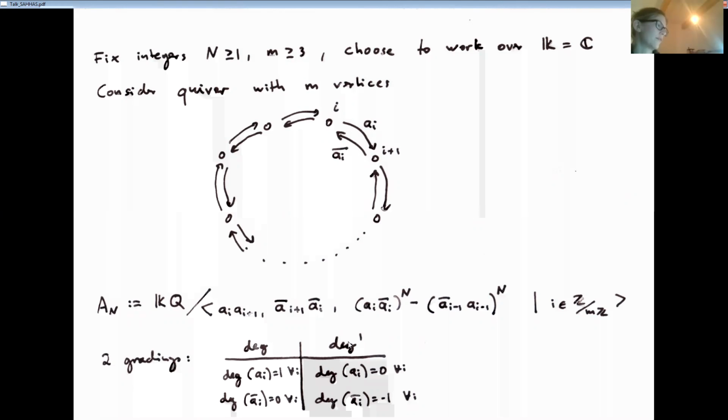And there's another grading, obviously, by taking the clockwise arrows to be in degree 0, and all the anti-clockwise ones to be in degree minus 1. One could have chosen, of course, a different grading, but we will see later on how this grading matches up nicely with work by Snashall and Taillefer, on which our considerations were based.